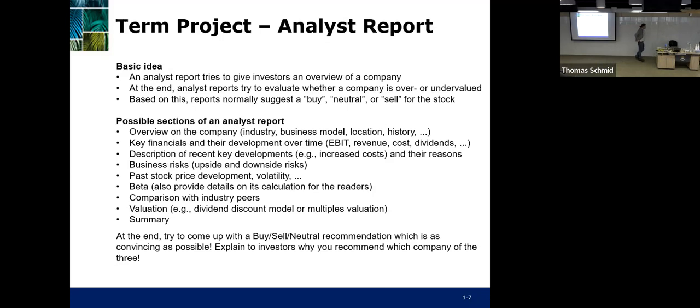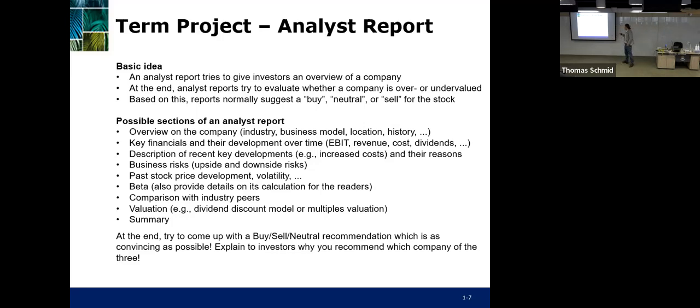So this is a very, very short overview of what an analyst report could look like or typically includes. The basic idea is that an analyst report gives investors an overview of the company and helps investors decide whether they should buy or sell the stock. That's the ultimate target, right?